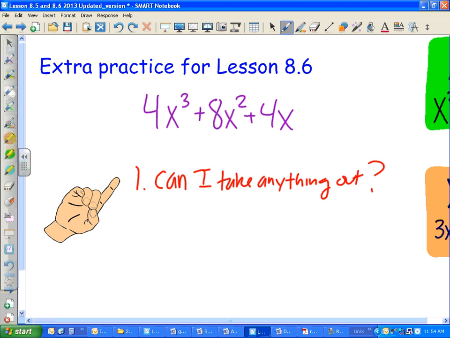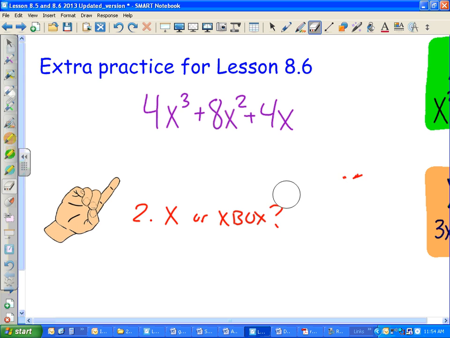That should be your first question. And then after I'm done taking stuff out, can I use the x or the x box to factor? Those are the 2 big questions I'm going to be thinking about in my head. Can I take anything out? And do I use the x or the x box?